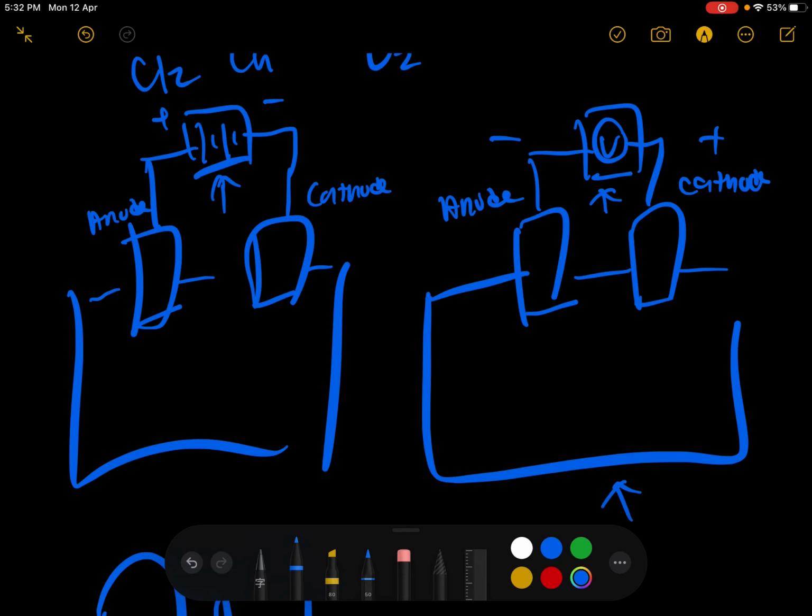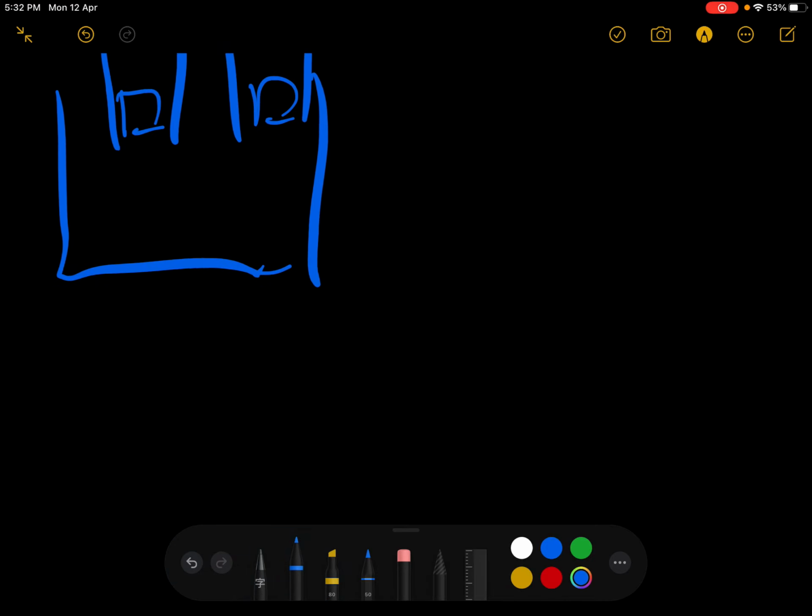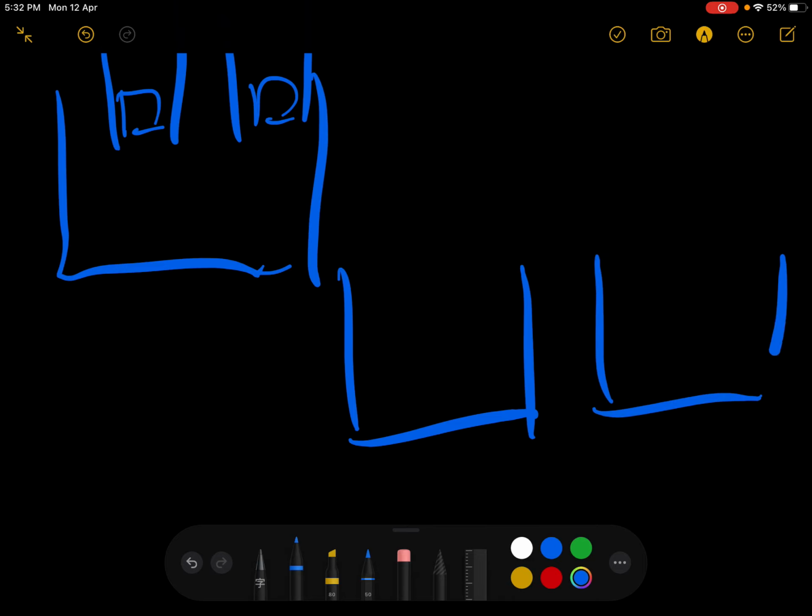They can either share the same solution or be in separate solutions. I'm not so sure why. But if they are in separate solutions, you'll see something called a salt bridge.